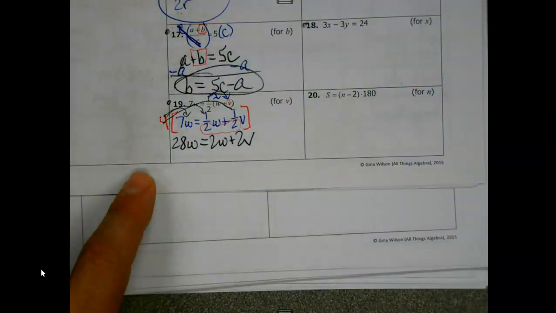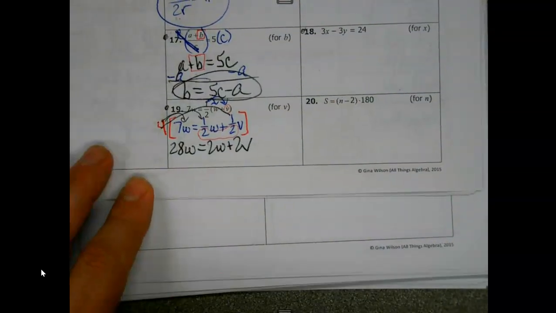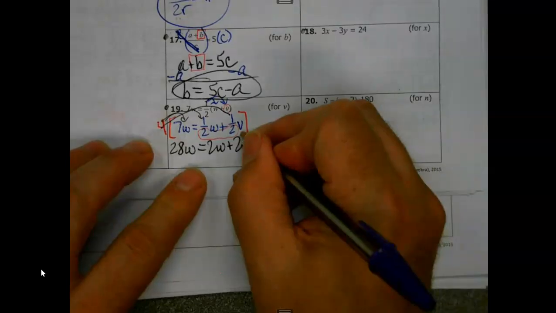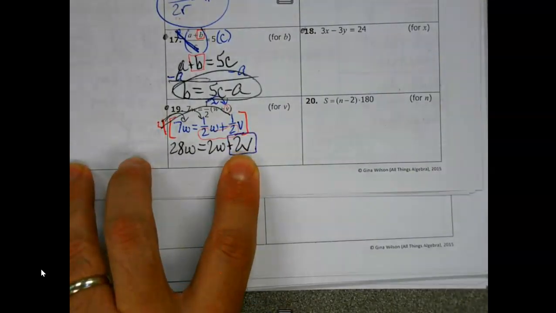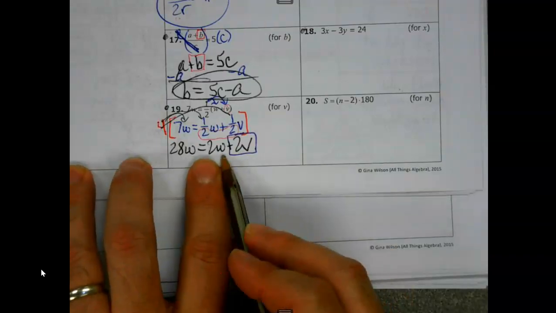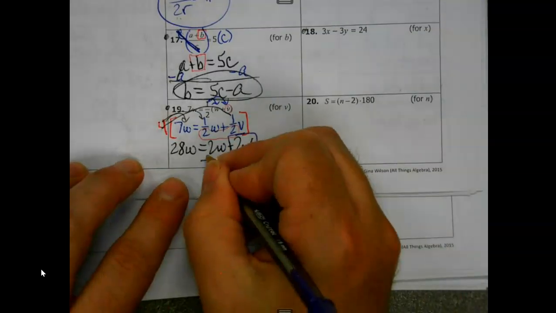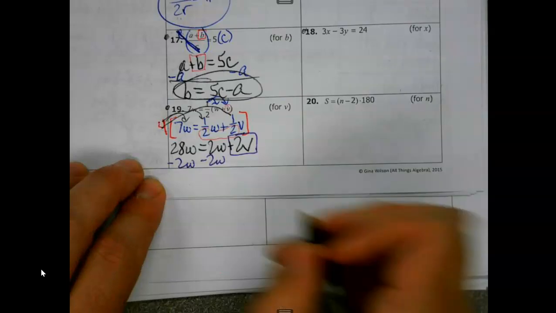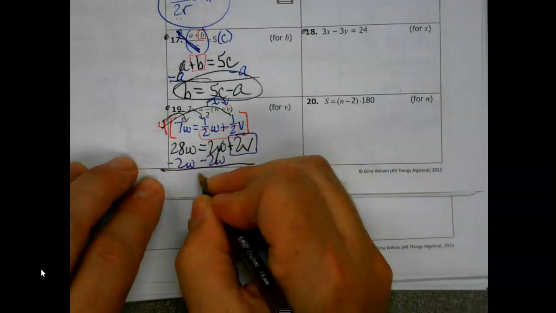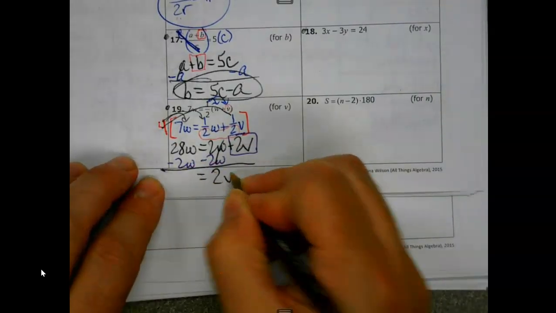Now, parentheses are out of the way. Fractions are out of the way. There's my goal now. We got to get the v term by itself. I'm adding 2w to it. Do the opposite. And this time we're even fortunate enough.